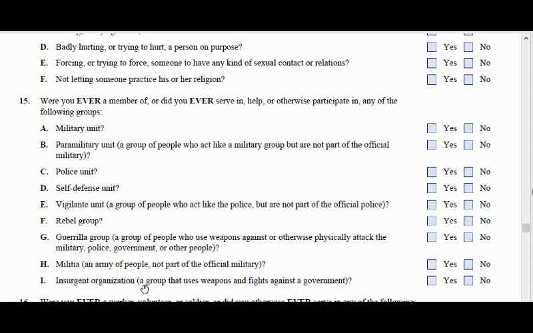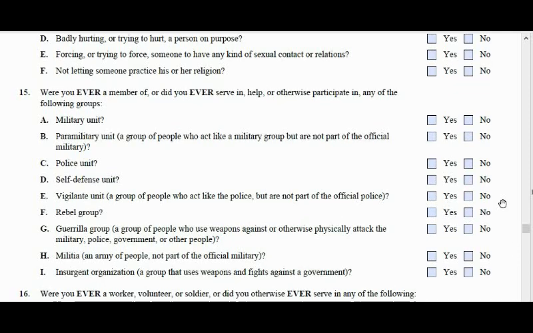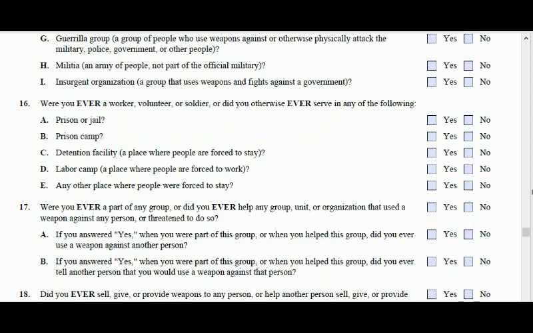An insurgent organization is a group that uses weapons and fights against a government. So that's what they call an insurgent organization. Militia is any army of people not part of the official army. Okay. So if you have ever been a member of those groups, you're gonna check yes, and if it's not, check no.